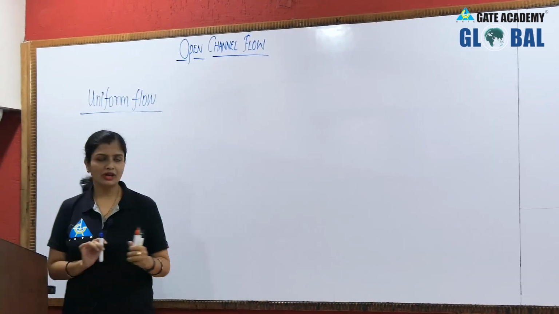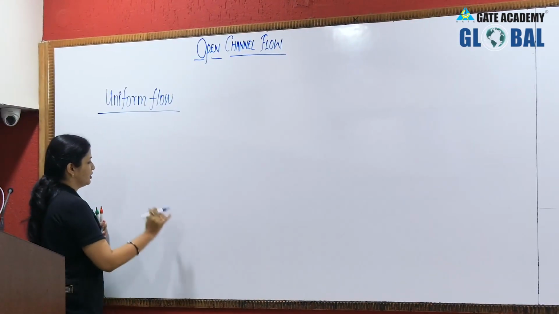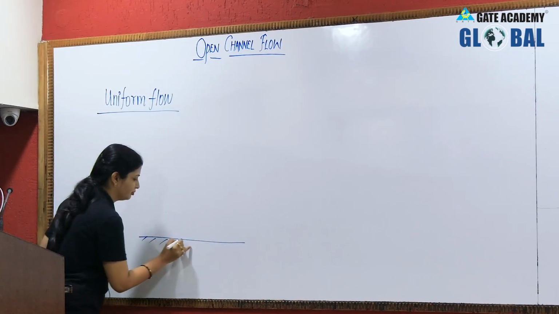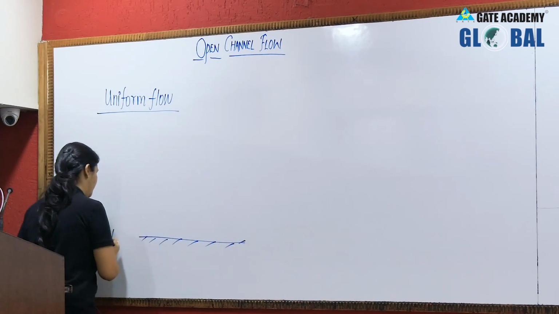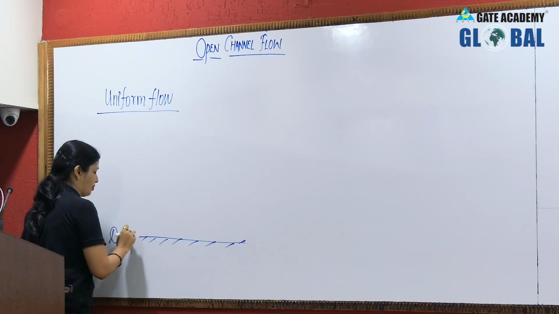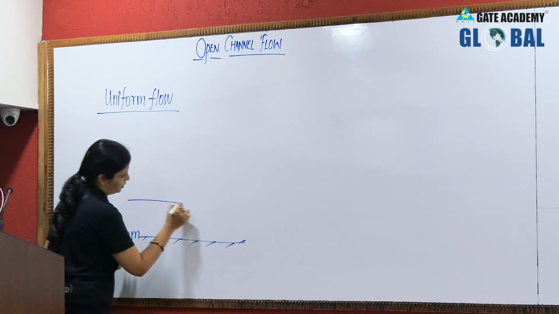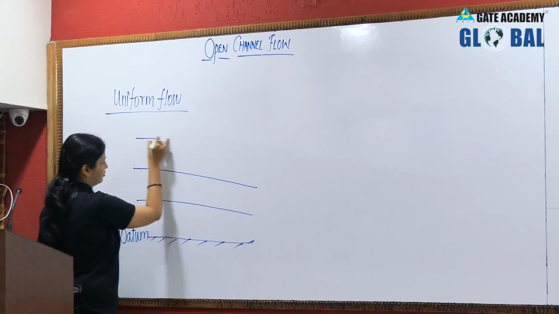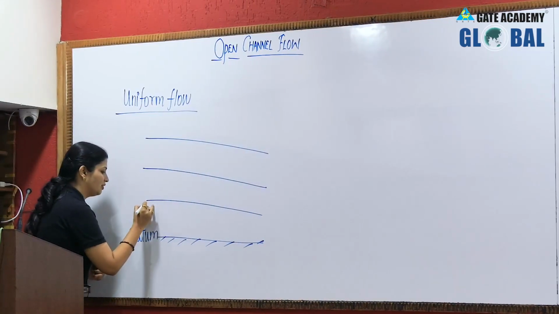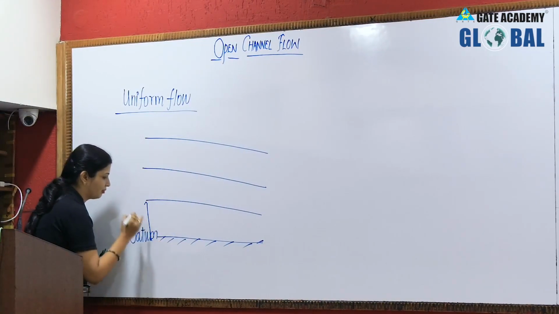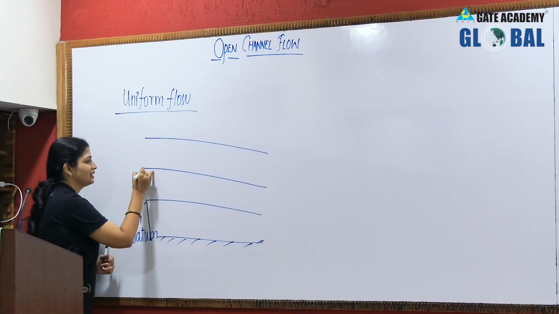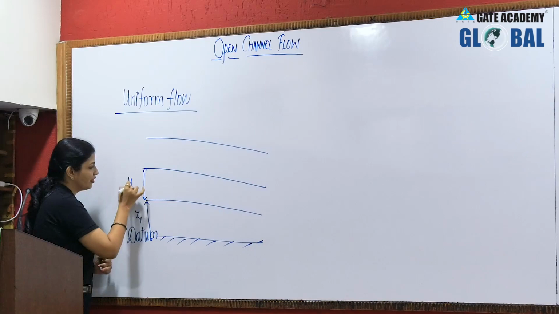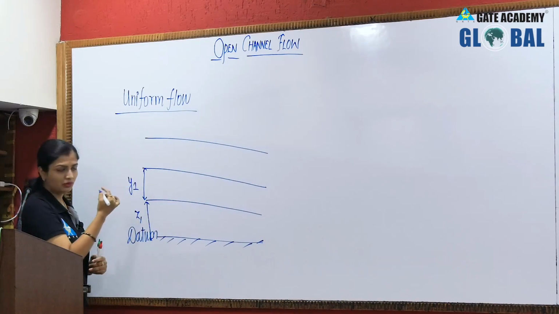Now, I will draw a figure for you. Suppose this is your datum, and this is your flow which is occurring. This one is your Z1, exactly like what I did in the energy equation. I told you that we will be dealing with it in uniform flow as well.